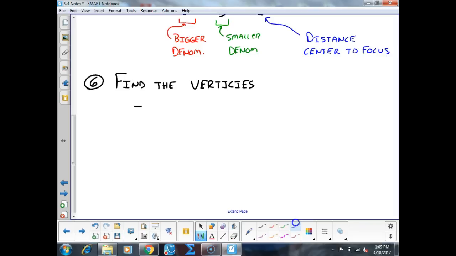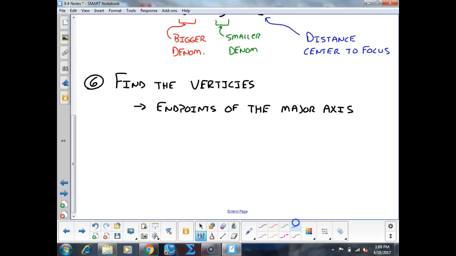They are simply the endpoints of the major axes. And those would also be listed out as separate points. Ready to try one?